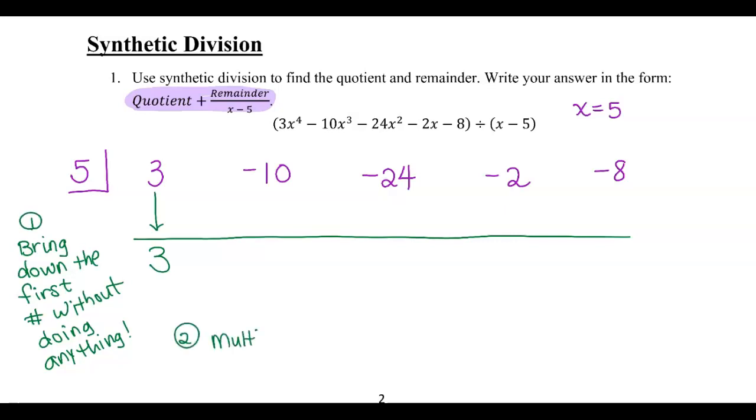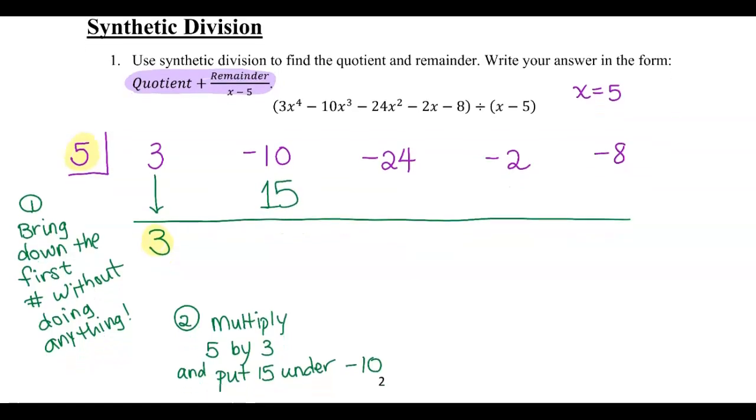Multiply 5 by 3 and put 15 under negative 10. Watch this, okay? I'm going to multiply 5 times 3 and I will put that 15 down here.